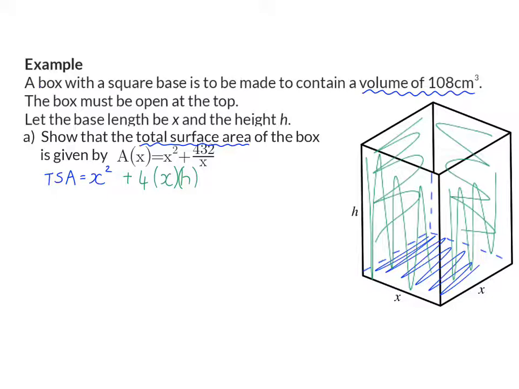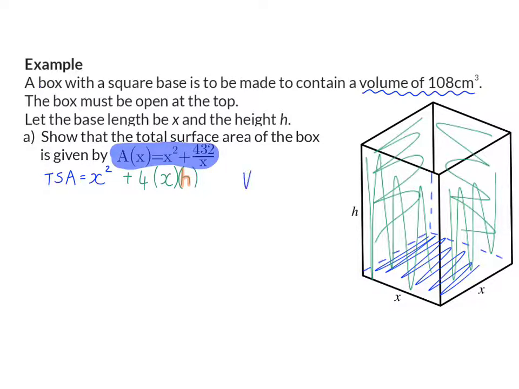If we go and have a look at the formula that was given, it is written only in terms of x. So we will have to make a plan to rewrite the h in our formula in terms of x. For this, we will need to set up our second equation about the volume, which is our fixed value.